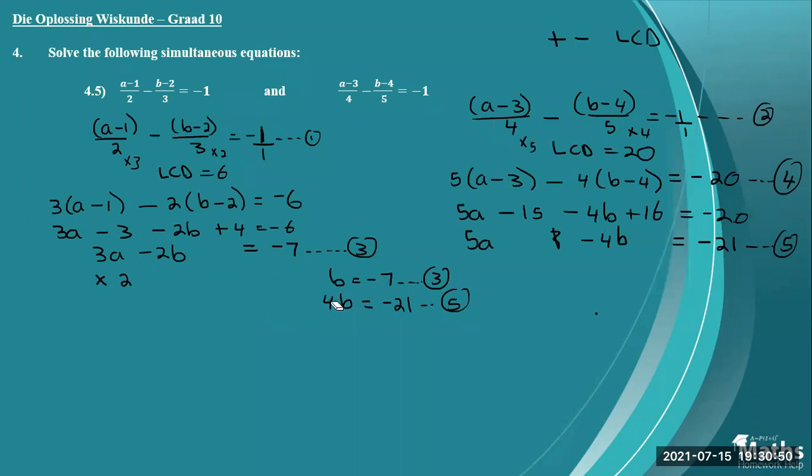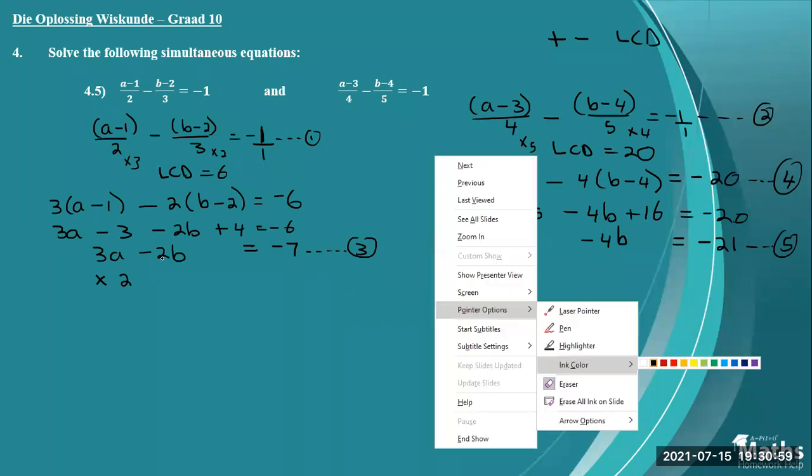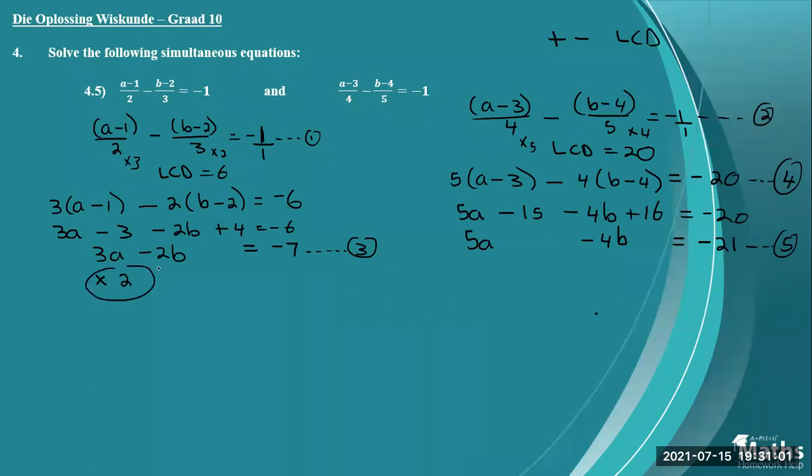Seems I'm over anxious to finish off this one. Right, let's just get the pen back. So I'm going to multiply this one by 2. So then I sit with 6a minus 4b is equal to -14. And now that I've changed this, I have to give it a new number.